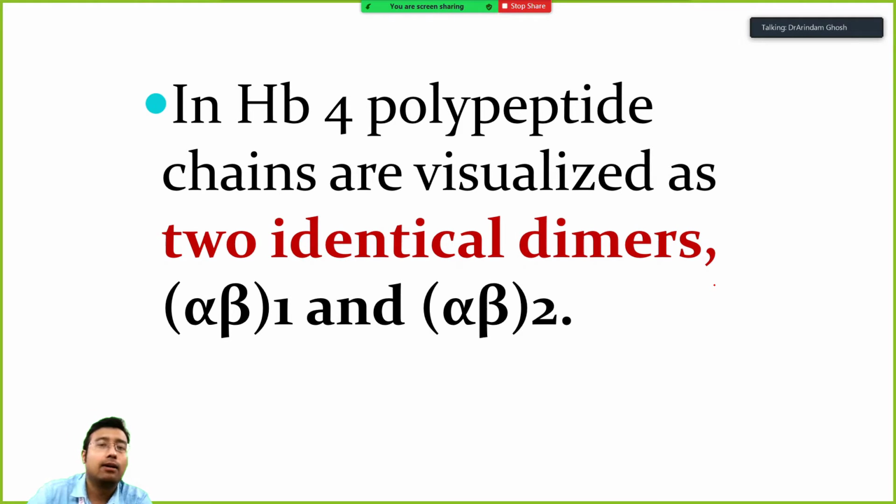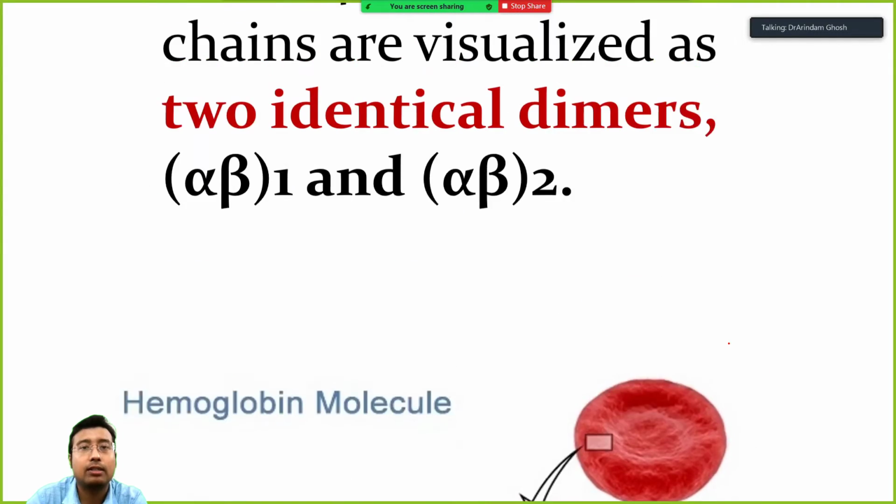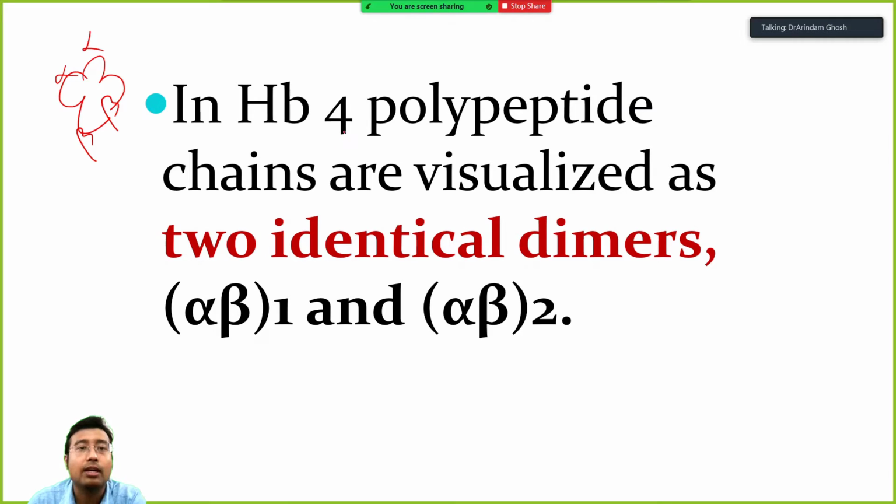Now, I told you there are two alpha and two beta. They are actually visualized as dimers. There is one alpha, one beta, two alpha, two beta. In hemoglobin, the four polypeptide chains are visualized as two identical dimers.